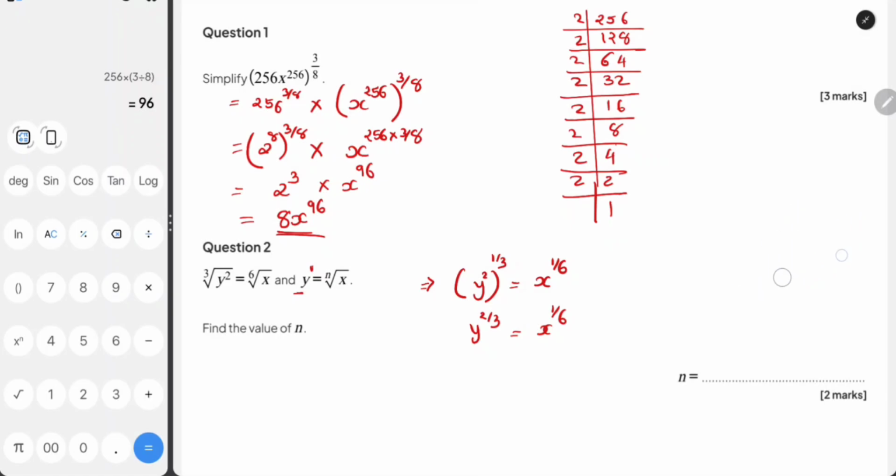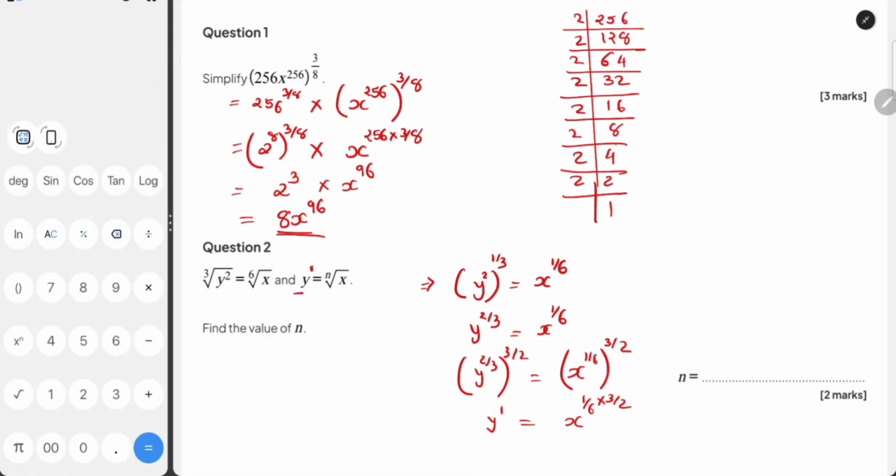So now if I want to make the power 1 by multiplying something, 2 by 3 will be multiplied with 3 by 2 only. So what I'll do, I'll make power 3 by 2 both the sides. X raised to 1 by 6 to the power 3 by 2. Now y raised to 2 by 3 into 3 by 2 is 1 only, y raised to 1. And this x raised to 1 by 6 times 3 by 2.